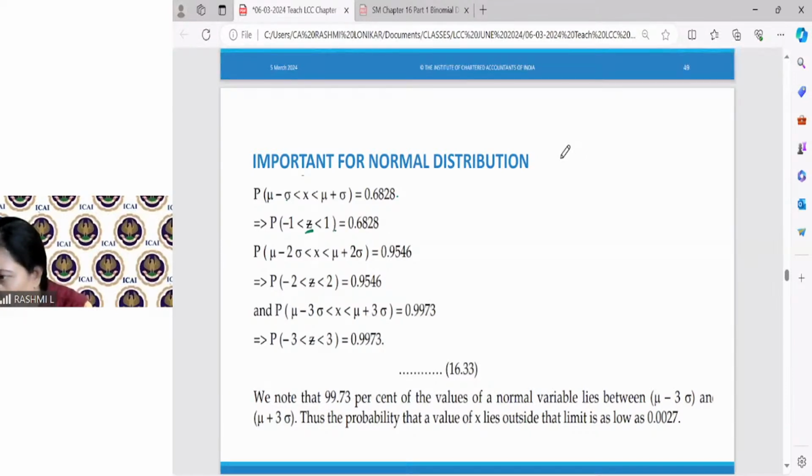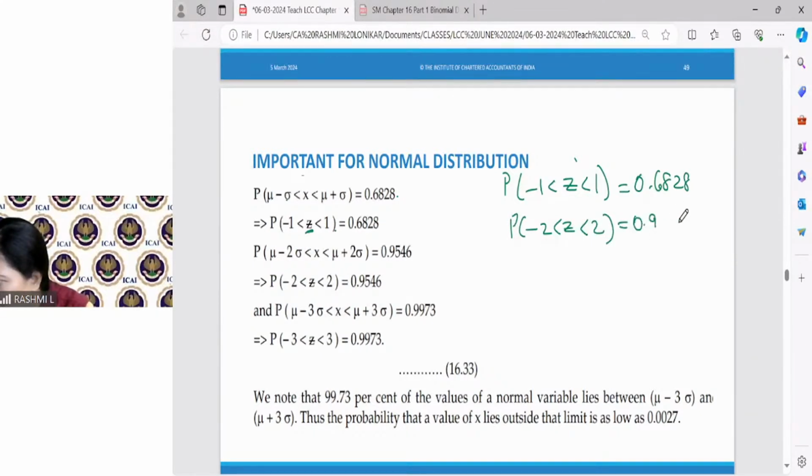Okay, so P of -1 less than Z less than 1 is equal to 0.6828 area under the curve. Then P of -2 less than Z less than +2 is equal to 0.9546, and P of -3 less than Z less than +3 is equal to 0.9973.